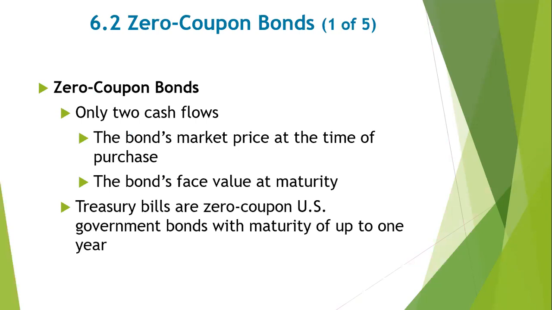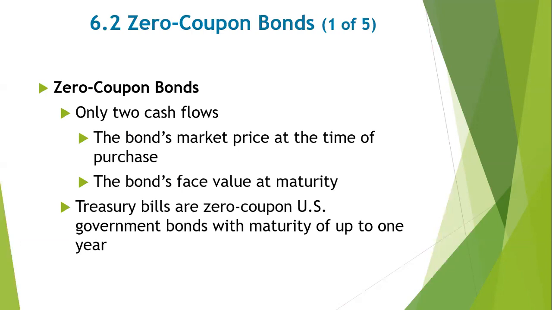Zero coupon bonds. Now, not all bonds involve coupon payments, and those without such payments are known as zero coupon bonds. As the most straightforward type of bond, let us begin our analysis with them.